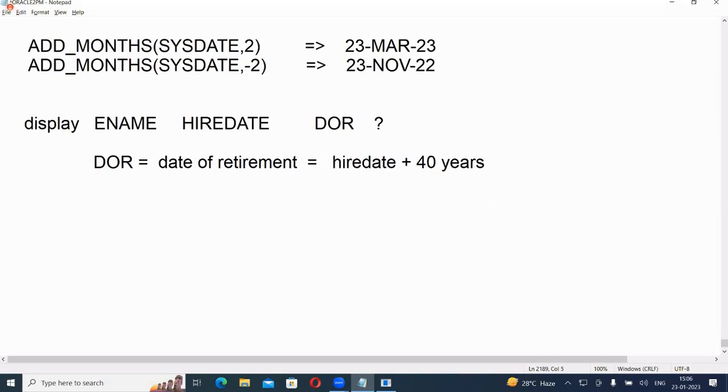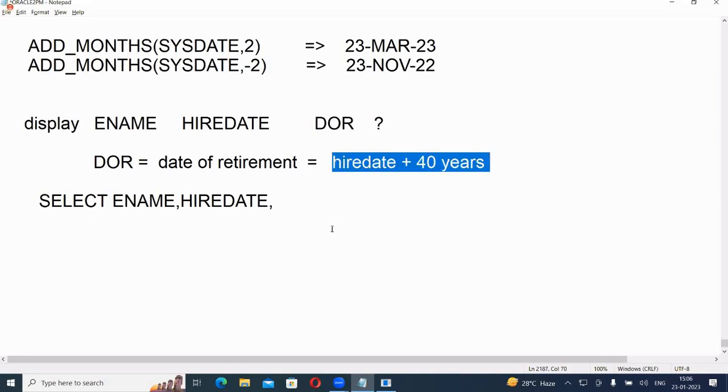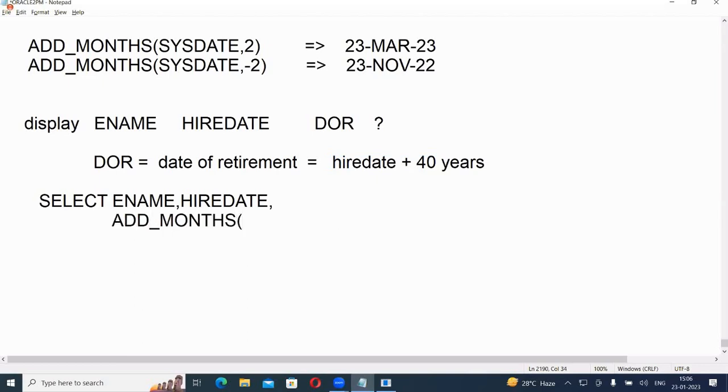Then how to display date of retirement? Tell me the full query. Select ename, next one hire date, next one date of retirement. Date of retirement is not there in the table. We have to calculate. This is the formula: add_months of hire date, comma, 40.